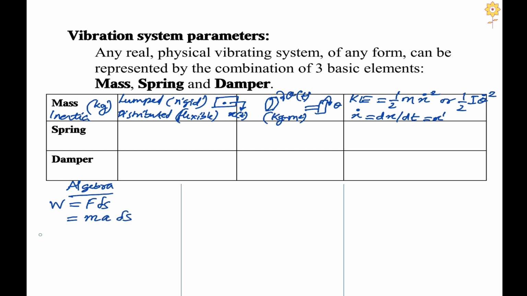From physics principles, we know the final velocity square is equal to the initial velocity square plus 2 times a times the distance covered. Now, we will write this a del s as v square minus u square divided by 2, and this can be incorporated in this equation.